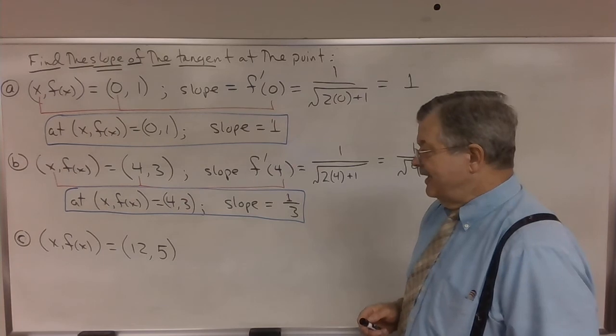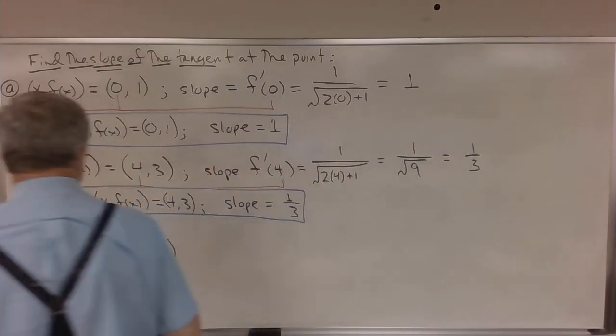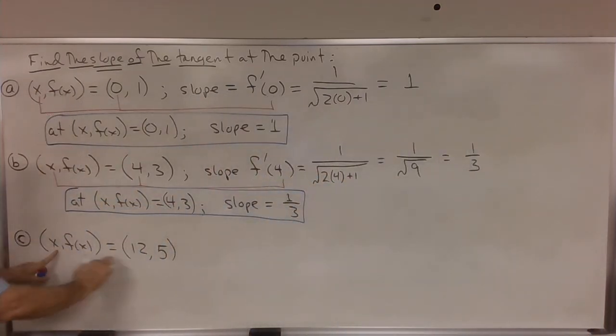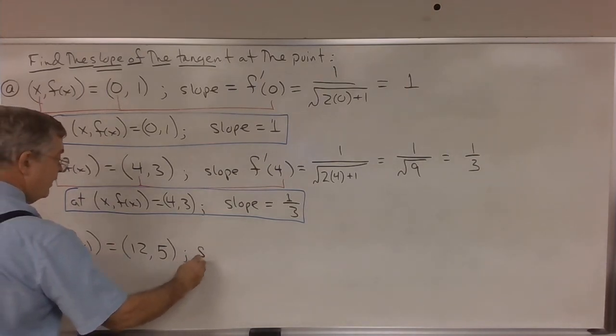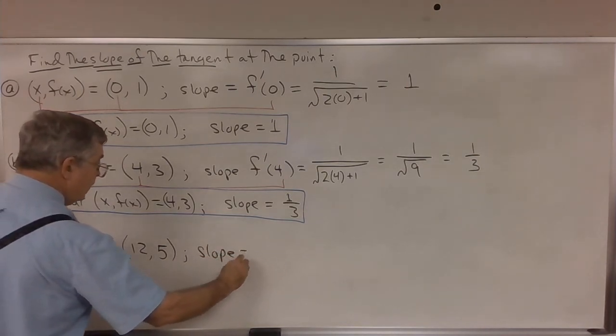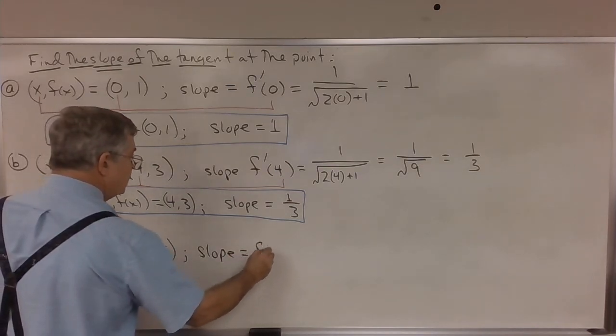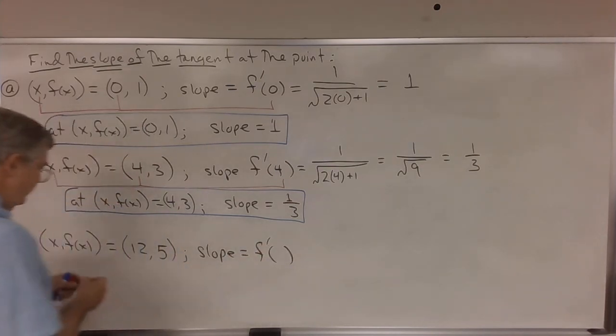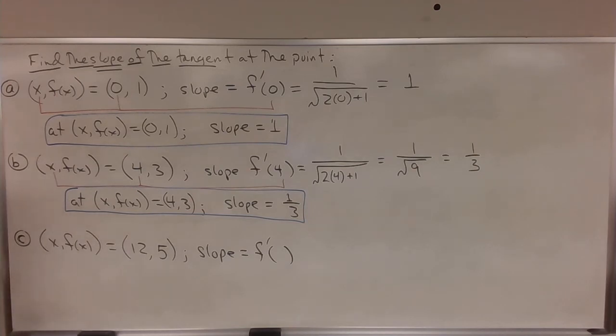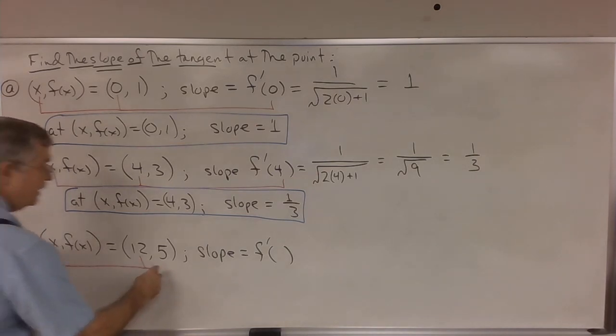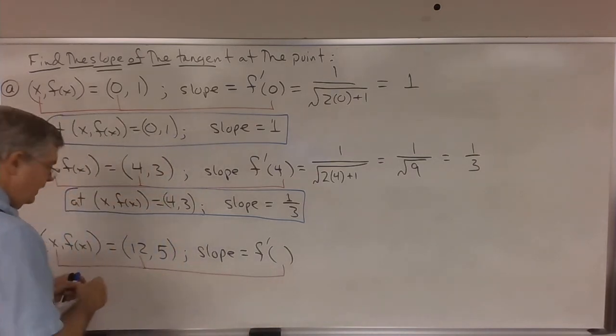Yeah, 12, 5. Okay. At the point x, f of x equals 12, 5, the slope is equal to the derivative. And since the derivative is a function of x, we plug the x value into the derivative to get the slope.